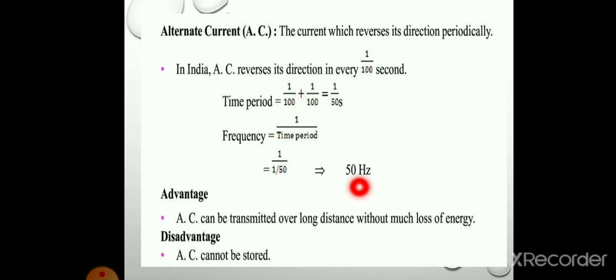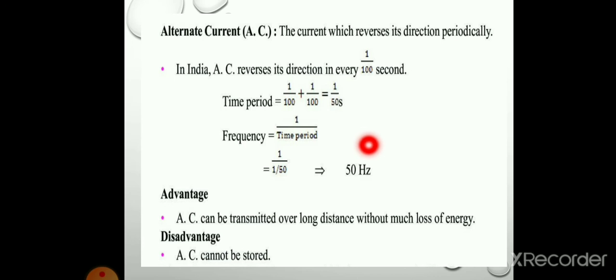That means in India, alternating current reverses its direction every 1 by 100 seconds and the frequency is 50 hertz. So the frequency of alternating current generated in India is 50 hertz.